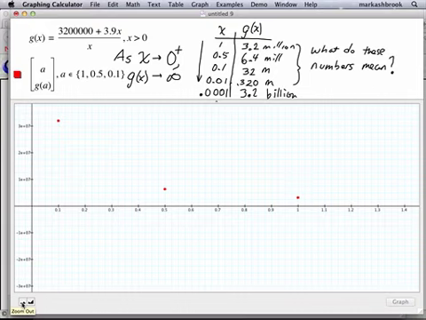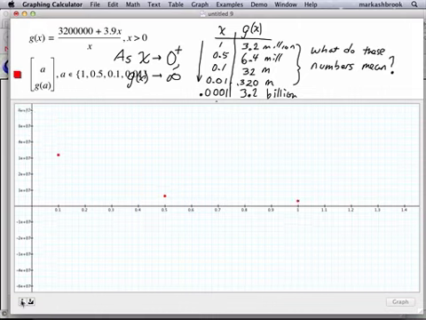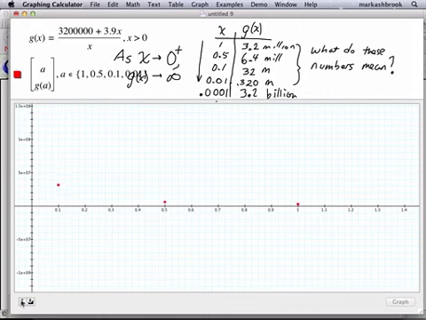Again, as x approaches 0 from the right, this average cost is going up and up and up. One more. I got to zoom out again. There it is.